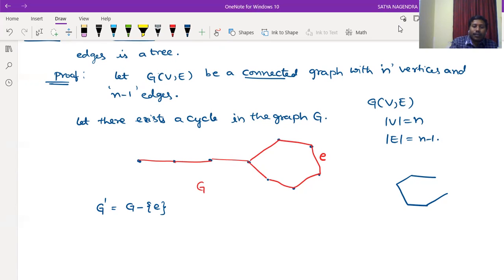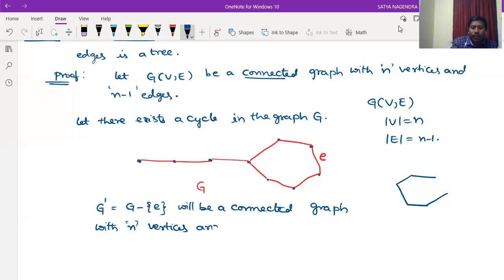So then G dash is equal to G minus e, which will be a connected graph with how many vertices? By removing that e, you are deleting only an edge from that graph, but you are not deleting any vertex. So there will be no change in the number of vertices: n vertices.